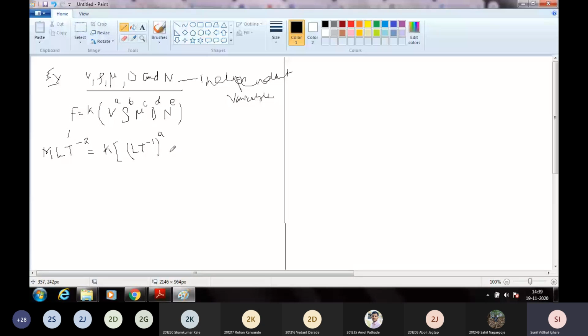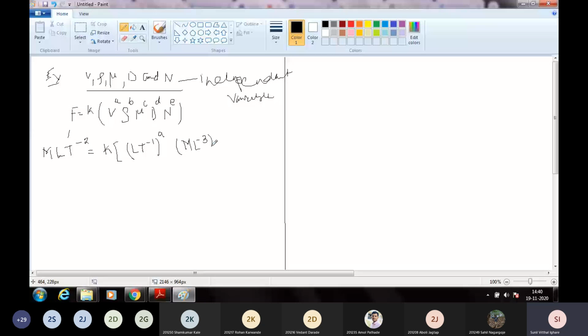Density is mass divided by volume. So how to write mass divided by volume in fundamental quantities? M L raised to minus 3, whole raised to B.